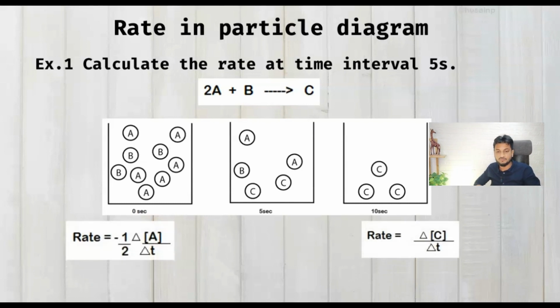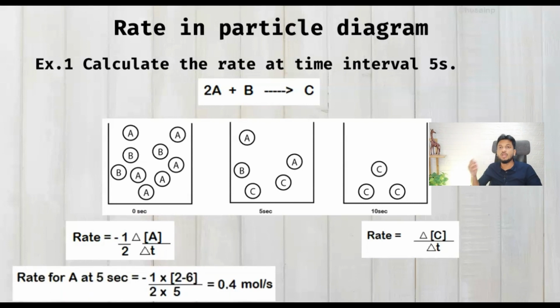If you count from 0 to 5 seconds, we have 4 A's used up. Initially at 0 we had 6 moles of A. Consider each circle as 1 mole for a reference scale. And now at 5 seconds we only have 2 moles. So the change in concentration of A will be 2 minus 6, so that's minus 4. And we also have a minus in the formula.